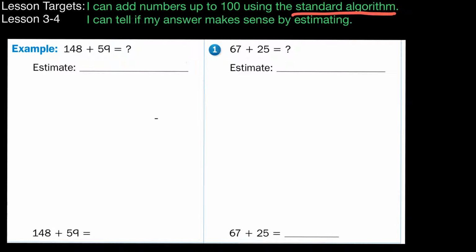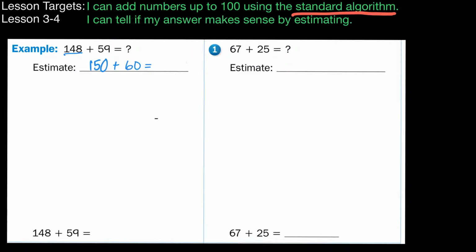What we need to do first, just like we did yesterday, is estimate our answer. So I'm looking at 148, and in my mind, I'm thinking that's going to round to 150 plus 59, which to me would round to 60. And now I'm going to add 150 plus 60.